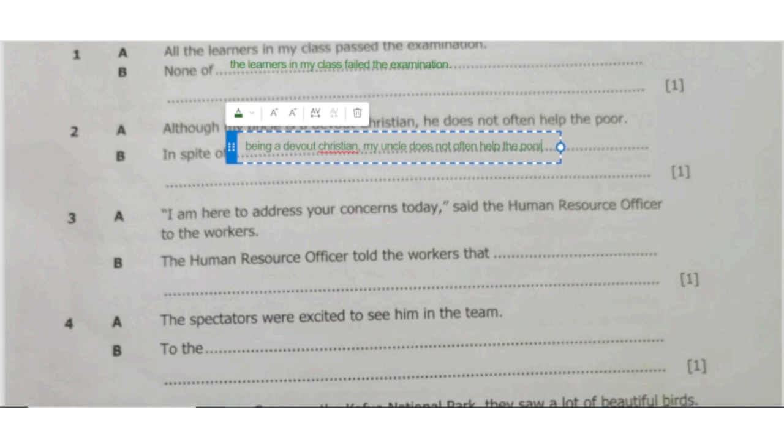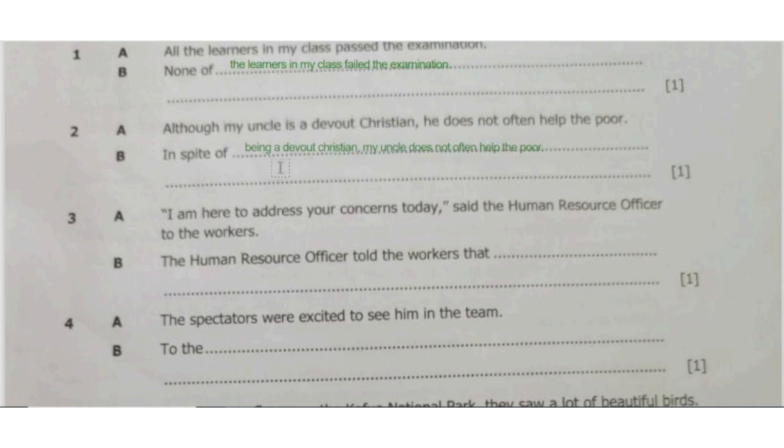Okay, does not often help the poor. So that is it, now you rewrite that, and that is correct. In spite of being a devout Christian, my uncle does not often help the poor.